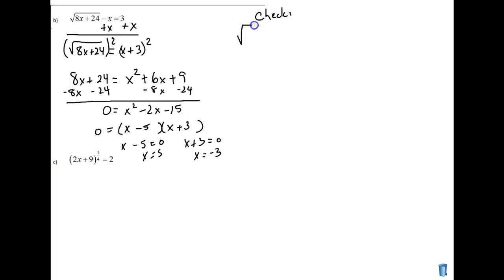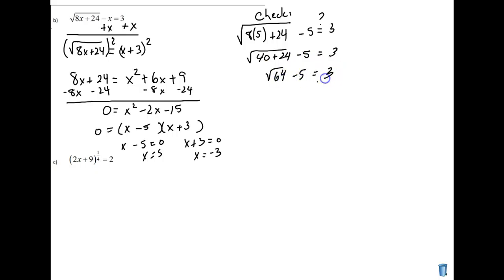So, square root, when I plug in 8 times 5 plus 24, minus 5, does that equal 3? Well, square root of 40 plus 24 minus 5. So square root of 64 minus 5 becomes 8 minus 5, which equals 3. No problem.